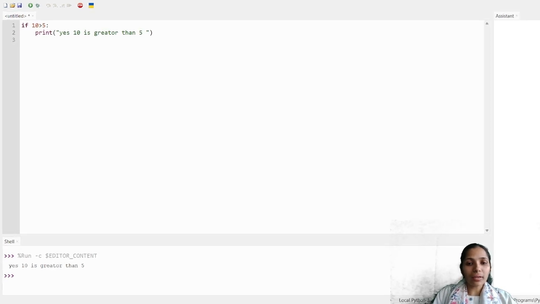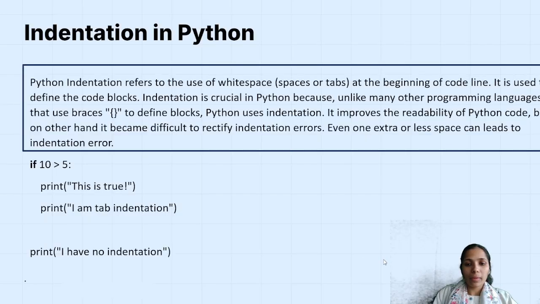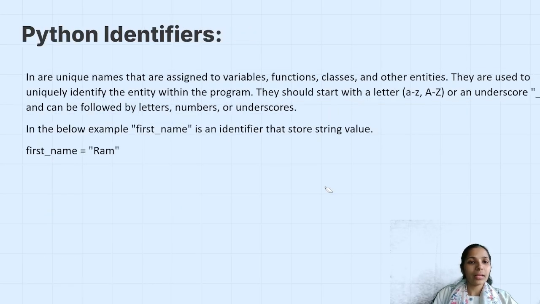So the next part we are going to cover, after indentation, is Python identifiers. So what are identifiers? Identifiers are nothing but unique names given to our variables.